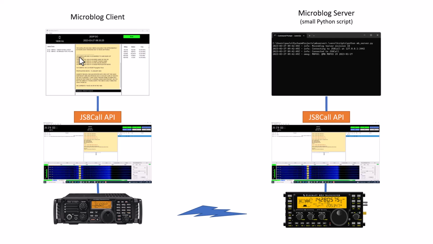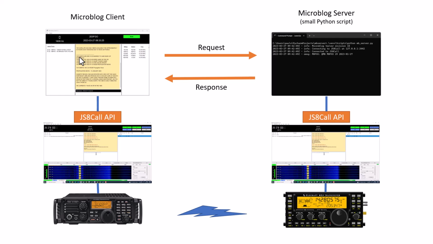Again, it uses JS8Call, so you must have JS8Call running, connected up to your transceiver and working in all of the normal ways. So it works in the same sort of way as using JS8Call native on its own. It sends requests to the server and it gets responses.